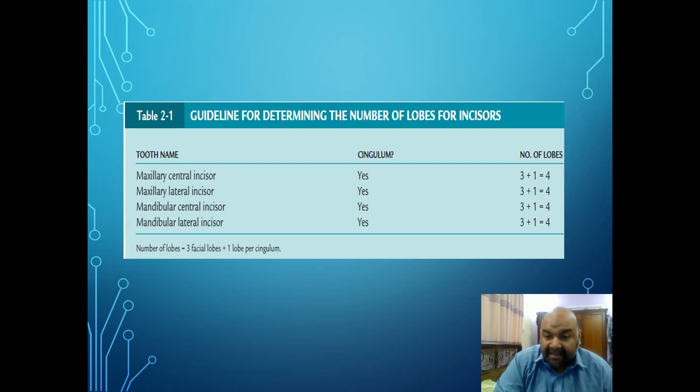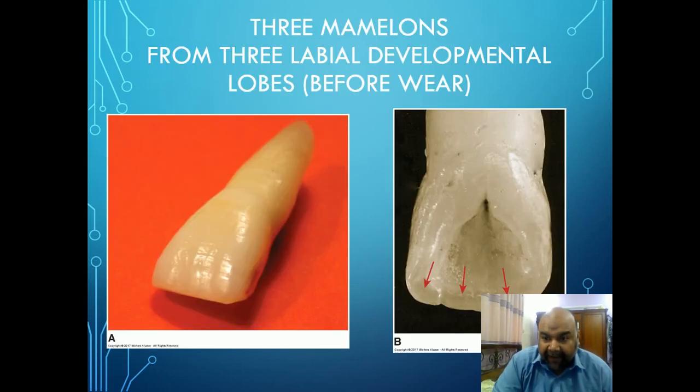So all of the centrals and laterals, whether maxillary or mandibular, have 4 lobes or centers of calcification. As we know, mamelons are one of the identifying and distinguishing characteristics of centrals and laterals, be it maxillary or mandibular, and these mamelons are actually manifestations of the lobes or centers of calcification. So we have 3 lobes on the facial surface and 1 lobe on the lingual surface.